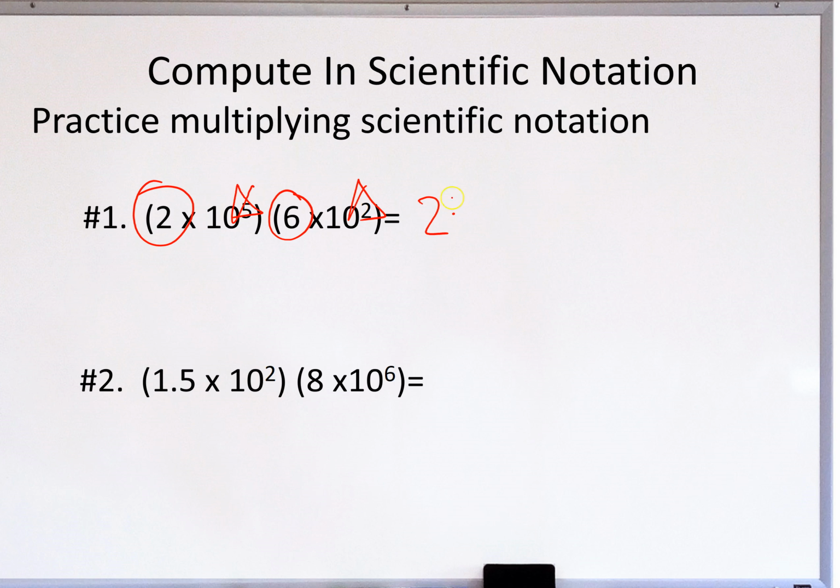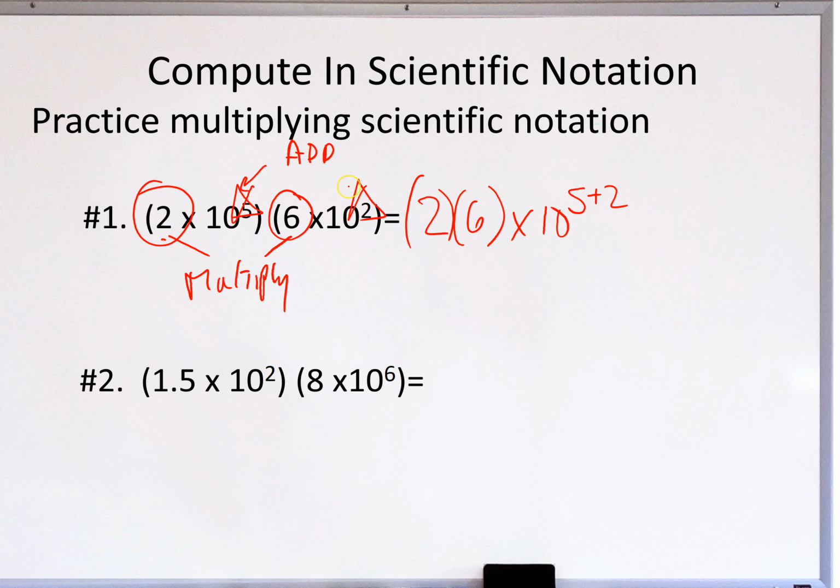That's 2 times 6 times 10 to the power of 5 plus 2. So I multiply, and I add. It's going to give me 12 times 10 to the power of 7.